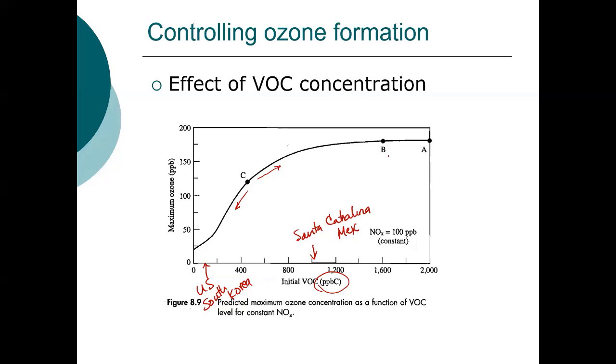And if the concentrations of VOC are extremely high, notice if we go from here to here, I'll call this B prime, and increase the concentration from roughly 1,200 parts per billion as carbon to 1,600 parts per billion as carbon, there's virtually no difference in the maximum ozone concentration.